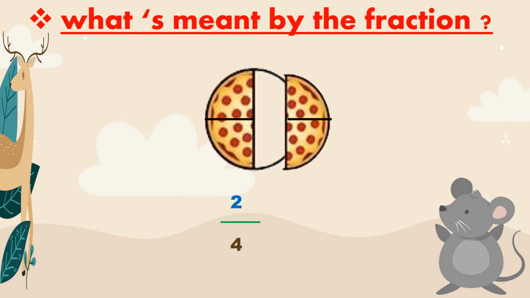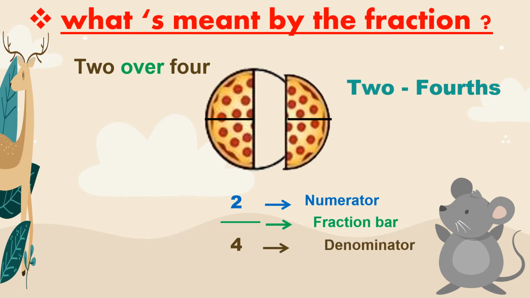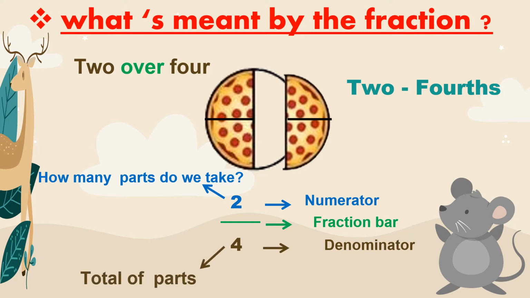We can also say 2 over 4 or 2 fourths. 2 is called the numerator, the dash is the fraction bar, and 4 is the denominator. 2 means how many parts we take, and 4 means the total of the parts.